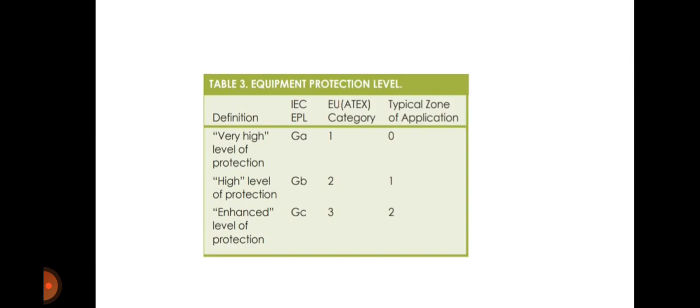Here, definition: very high level of protection, high level of protection, enhanced level of protection. IEC EPL, EU ATEX category, typical zone of application: very high level of protection, Ga, 1, 0. High level of protection, Gb, 2, 1. Enhanced level of protection, Gc, 3, 2.